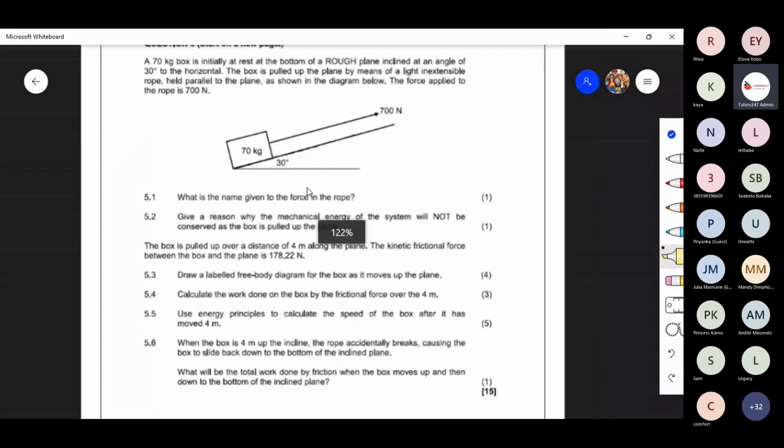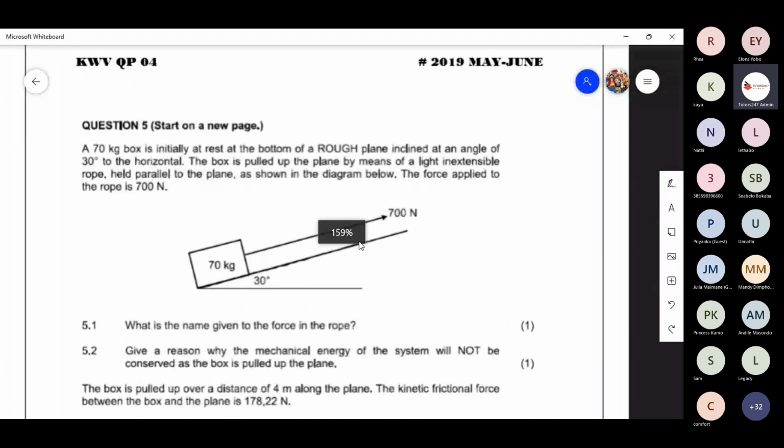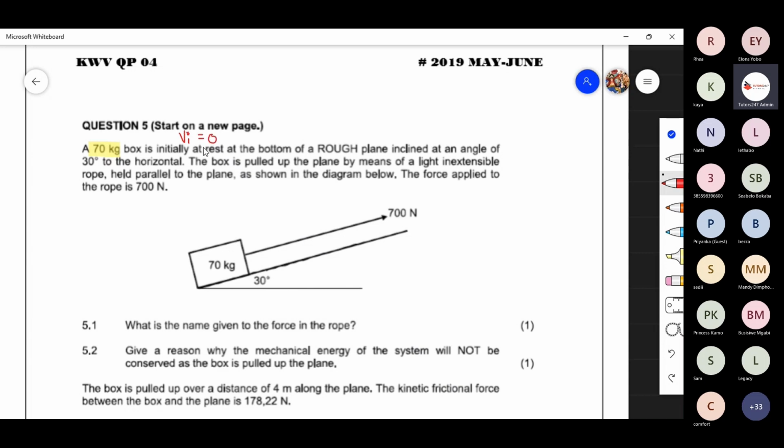Is initially at rest. So that is also important. At rest means that this object has a velocity of 0 meters per second, and because they stated initially, that means that that is the initial velocity.